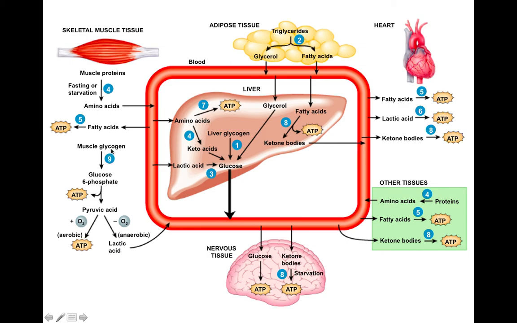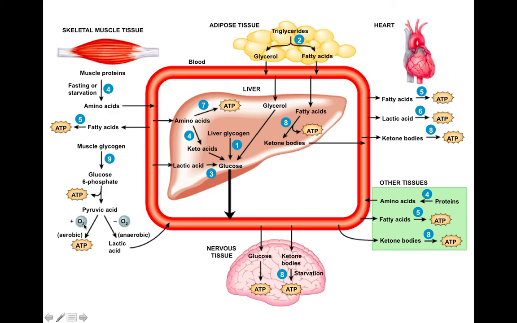The way that glycogen gets transformed is basically by getting broken down into glucose, and then glucose can go through glycolysis to be turned into 2 pyruvic acid, releasing a little bit of ATP in the process, and then pyruvic acid's fate is determined by whether you have oxygen present or not.